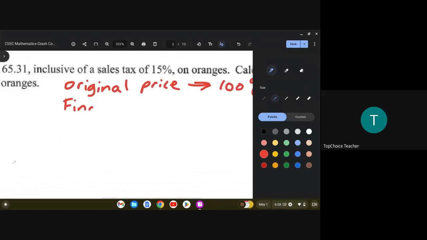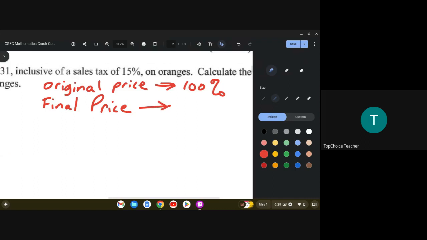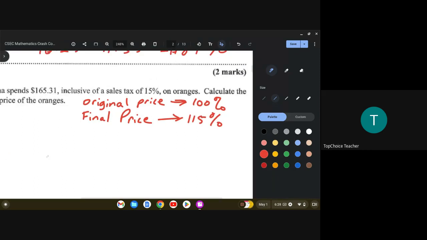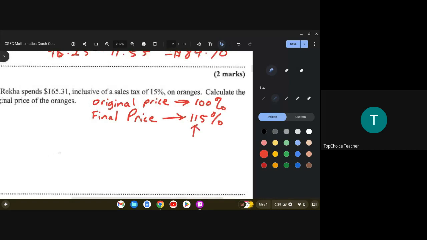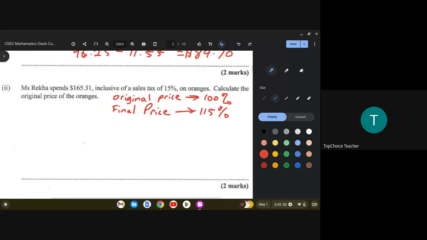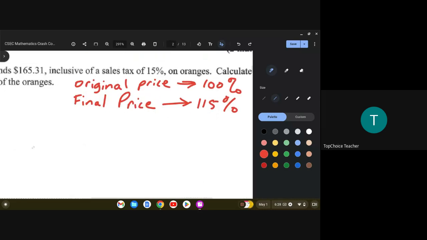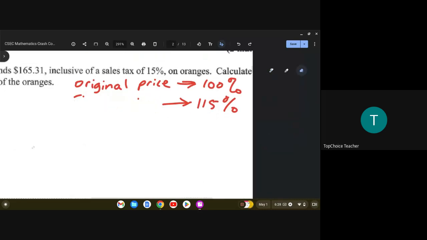So the final price is actually going to be 115%, because we're including the 15% tax here. And this is the key to solving this question. Now, we know what this final price is. I can erase this and write the number.